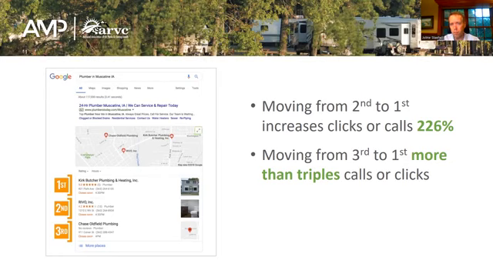Moving from second place, which is really good, to first place, which is a lot better, is a 226% increase, more than doubling calls or clicks. If you move from third to first, it more than triples the volume of leads, actions taken by customers, that you'll get from that listing.